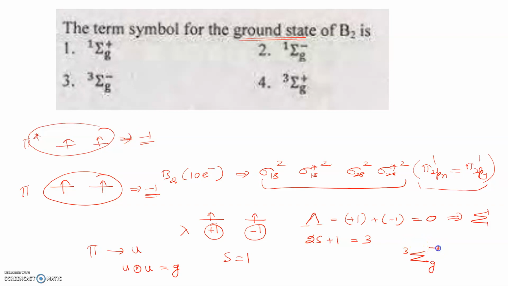So the correct term symbol is triplet sigma gerade minus, option 2. Remember, in the second period, the boron molecule and the oxygen molecule have a sigma minus state for the ground state configuration. So the correct option is 2.